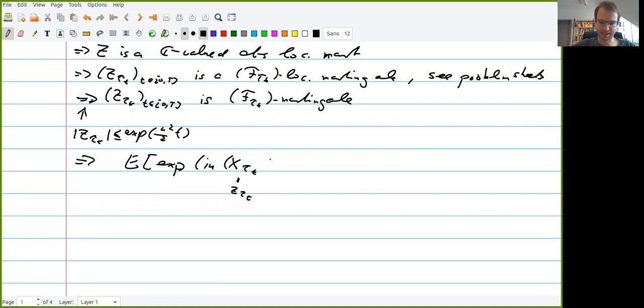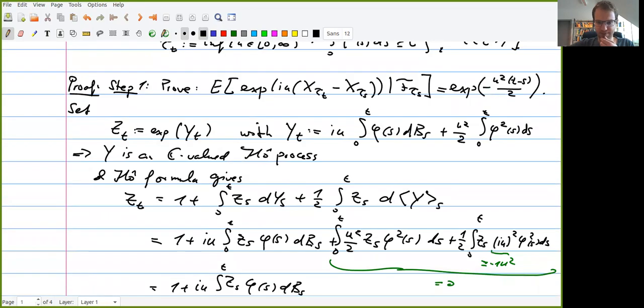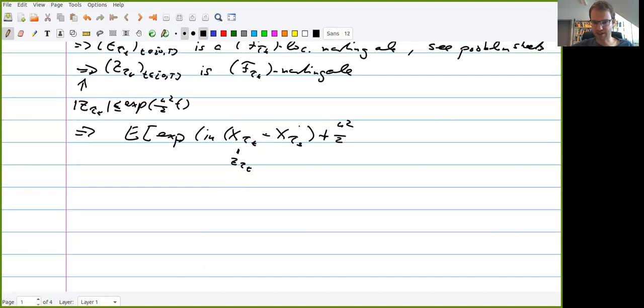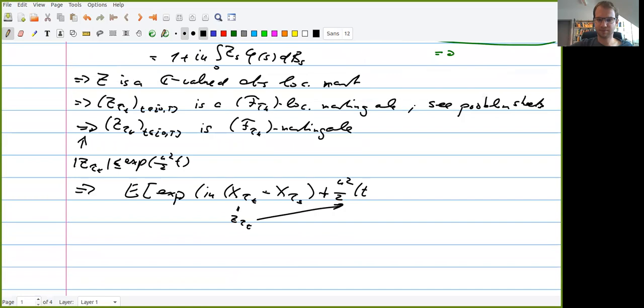By definition, how we define Z, minus tau_s plus u squared t. No, sorry, it's not correct. I mean, here we go, plus this, minus this, so this and this gives you tau Z_t.